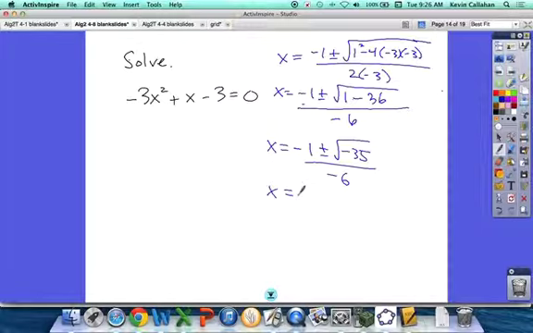Its only factors are 1 times 35 and 5 times 7. No perfect squares here, so no, you're not going to be able to do that. But what can you do about the negative, which is inside the square root? It comes out as an i. So this is negative 1 plus or minus i times the square root of 35, divided by negative 6.